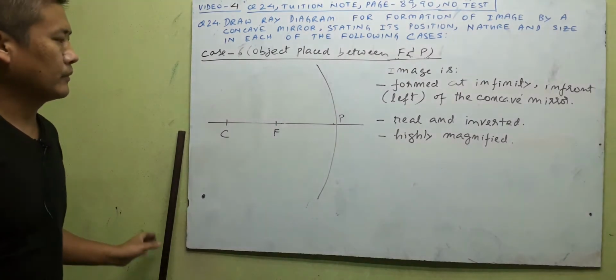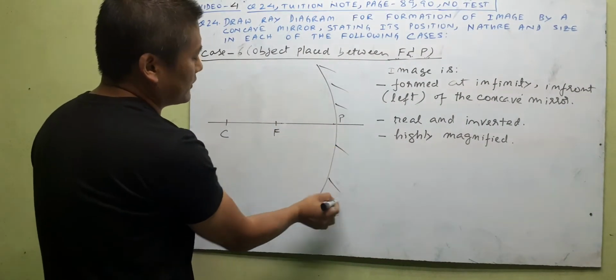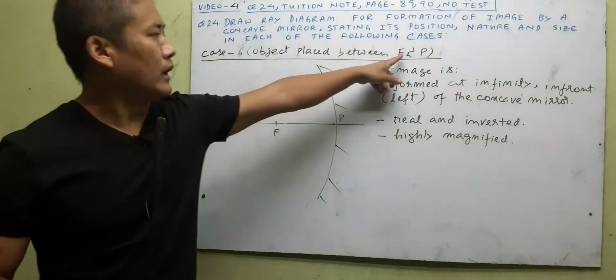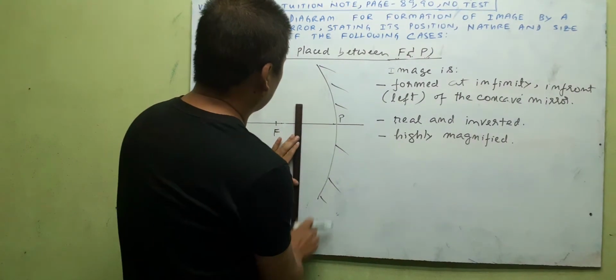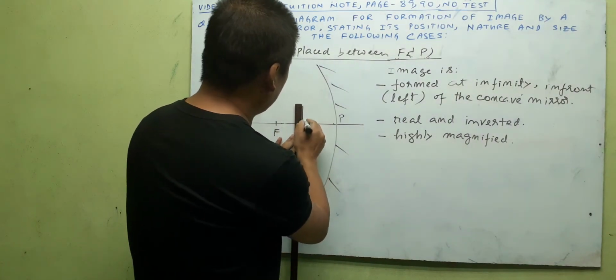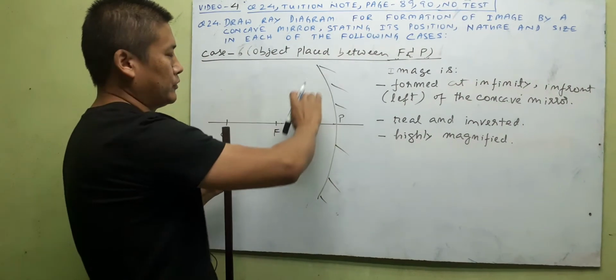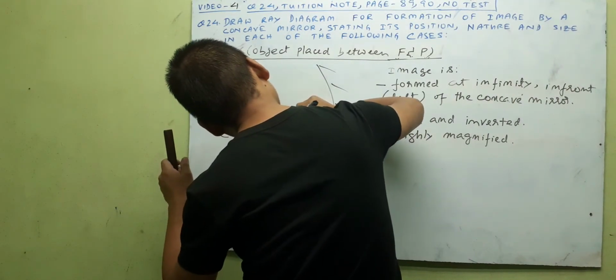Case 6. Now that is a suggestion because that's a convenient distance. Mark the non-reflecting surface. Since the object is now properly between F and P, you mark a small object. Don't make it too tall. Smaller the better, because it will go out of your paper if you draw it too tall. Object should be small here, because you're going to get a magnified image.